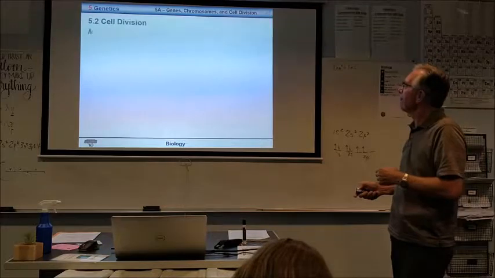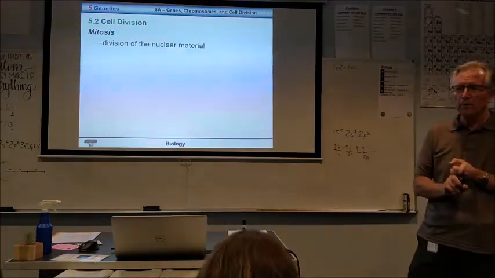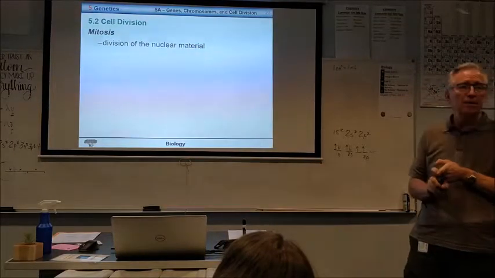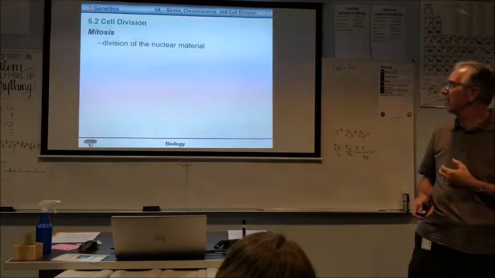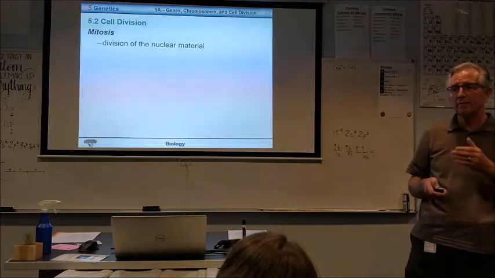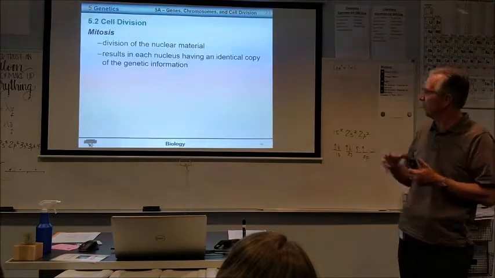Okay, so mitosis, we said, is the point where the nuclear material, the chromosomes in the nucleus of the cell, are going to be divided. Okay? We're actually going to divide it up. And there's a process that will go on.